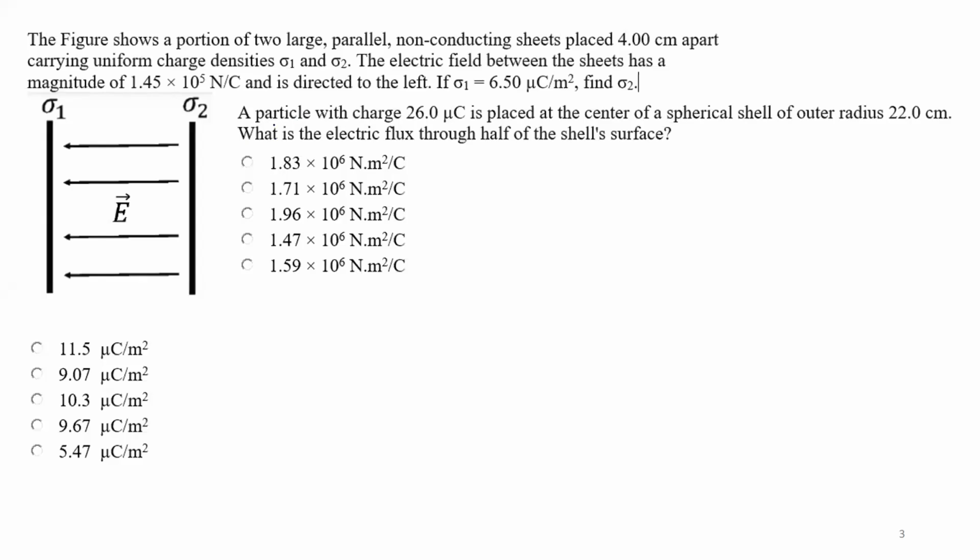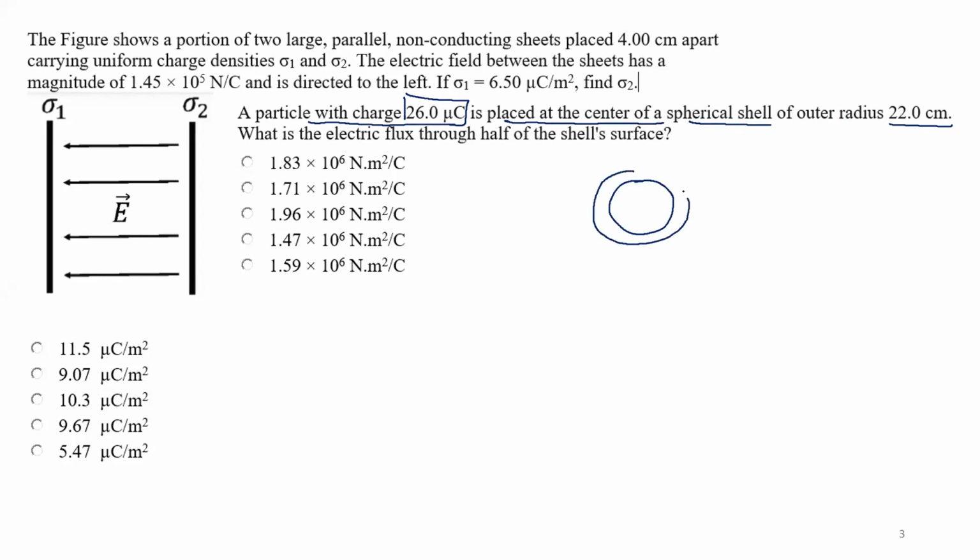So the next question reads, we have a particle, and I give you the charge of the particle, 26 microcoulomb, and it's placed at the center of a spherical shell of outer radius 22 centimeters. Let me draw. So I have a spherical shell. This is the inner radius of my spherical shell, and this is the outer radius.